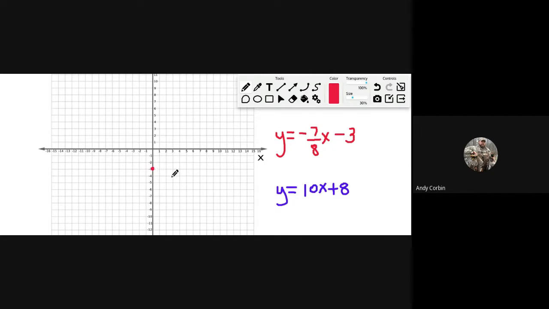It's kind of like a road map, like Google Maps. You go to the point where you are, that's the y-intercept, and you follow rise over run. So we're going to go down 7: 1, 2, 3, 4, 5, 6, 7, and over 8: 1, 2, 3, 4, 5, 6, 7, 8. And that's your point. Draw your line.